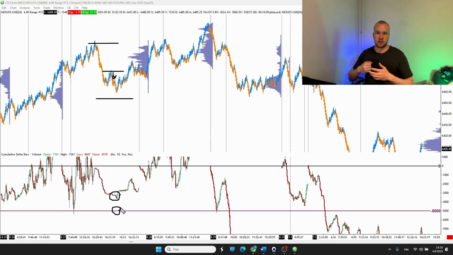The strength of the move is not there anymore. So this typically happens once price is ready to move in the opposite direction. Typically a move ends with exhaustion and then a reversal happens, and you can actually see that here. Once there's exhaustion, it goes in the opposite direction.